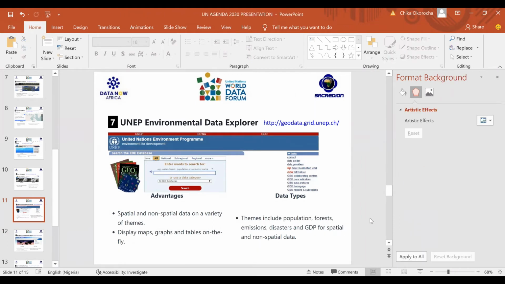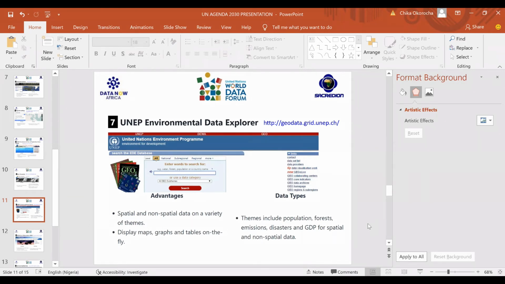When we talk about emissions, we are talking about climate change data. So if you are interested in understanding the rates of CO2 emissions at the global level, carbon dioxide and greenhouse gas emissions, you can access that data from this platform, and begin to use the source data for various spatial and non-spatial analysis that you might be interested in.